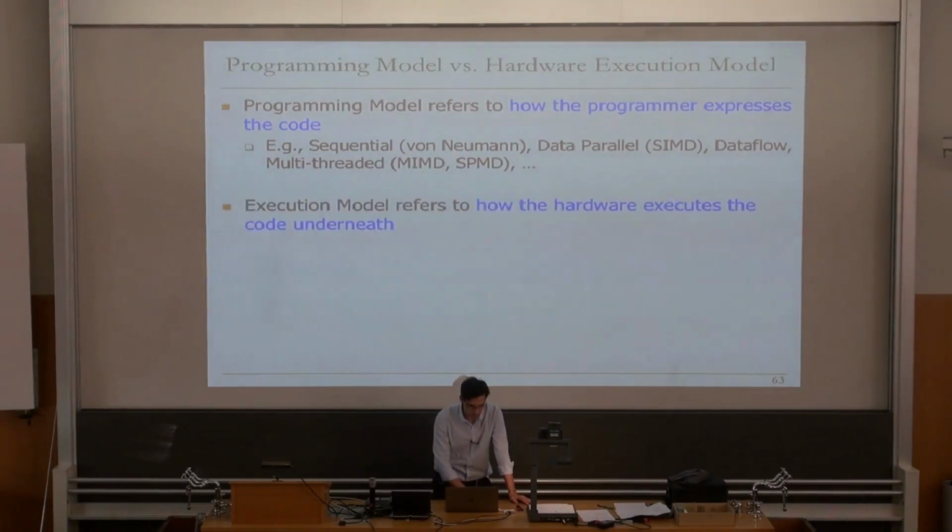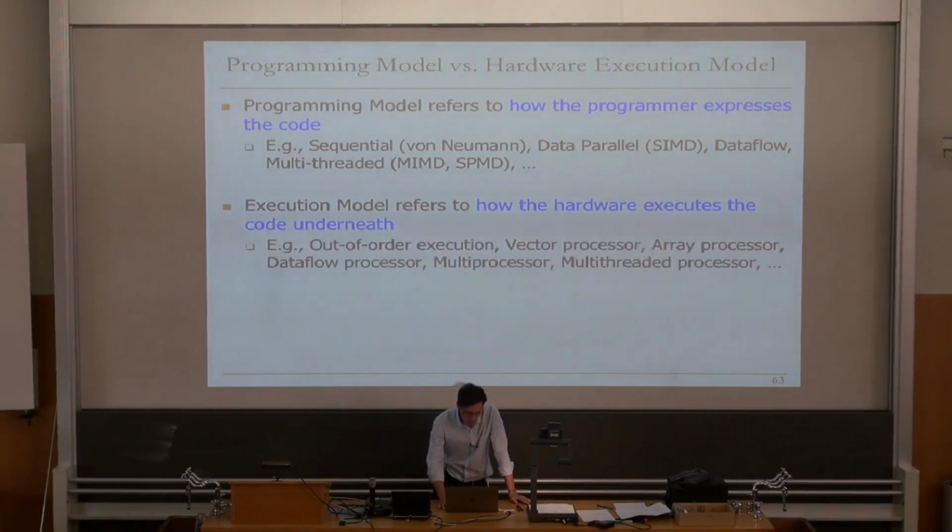That's a programming model. The execution model is how the hardware is actually going to execute the instructions that you write in your code. And the way that the hardware is going to do that will depend on the underlying hardware. You might have an out-of-order processor, you might have a vector or an array processor, you might have a GPU or a multi-threaded processor.